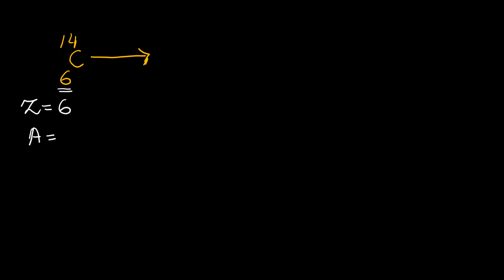So, as you know, the atomic mass of carbon-14 is 14. This means that we know the number of protons is 6. Then if we subtract 6 from 14, we get 8. This means that the number of neutrons in carbon-14 is 8.